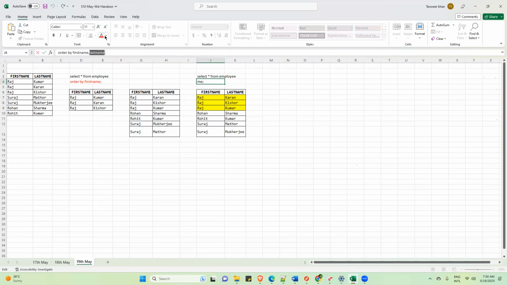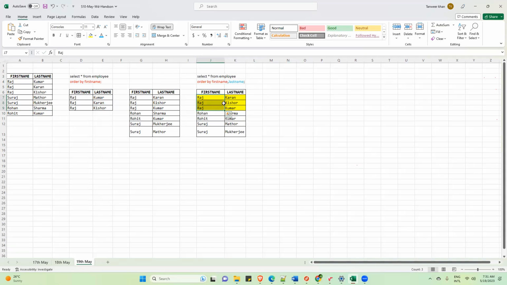So yes, the user has given one more instruction, that is last name. So the meaning of this query is, we are telling the SQL engine to sort the data based on first name, and if multiple records have the same first name, then only consider the last name column.